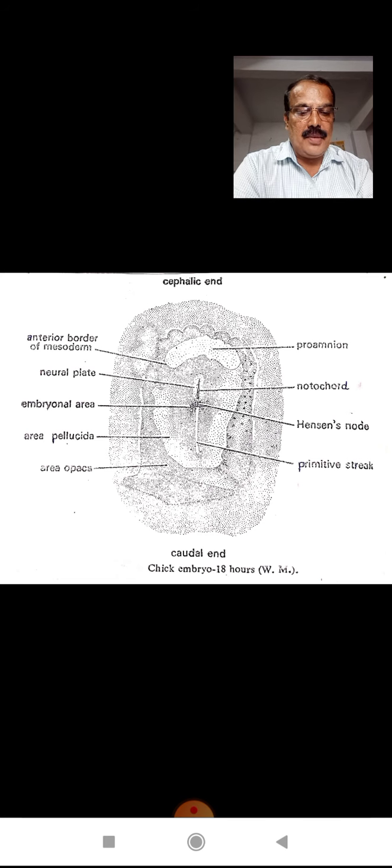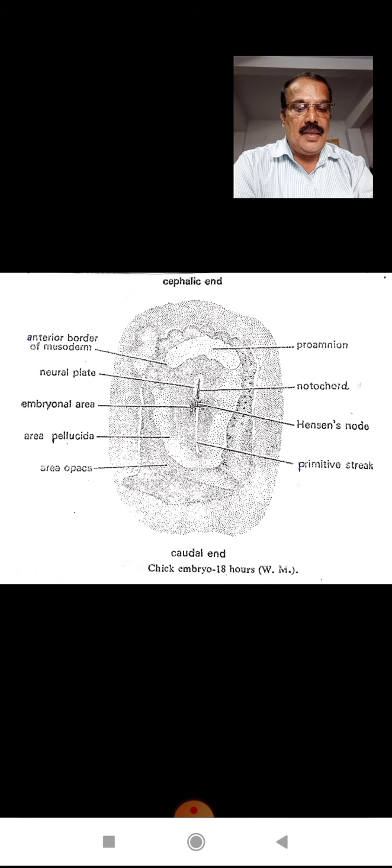Anteriorly, area pellucida has a temporary mesoderm free area called proamnion. So, proamnion is a mesoderm free area.